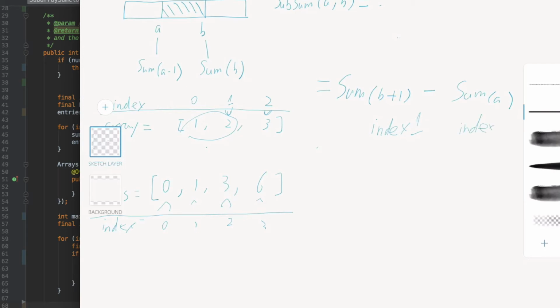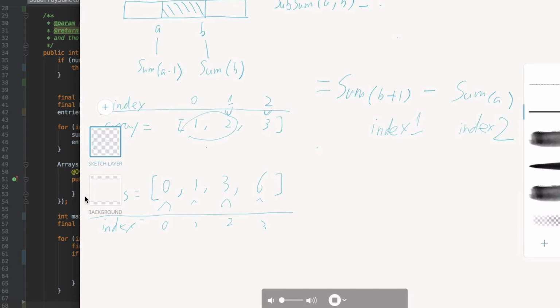This is another index. So all we want to do is to figure out which index is the smaller one. The smaller one is a. The bigger one is b plus 1. Then the bigger one is to minus 1.